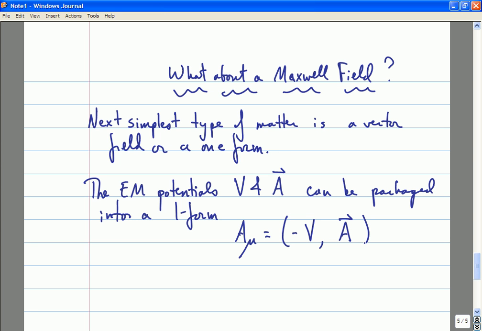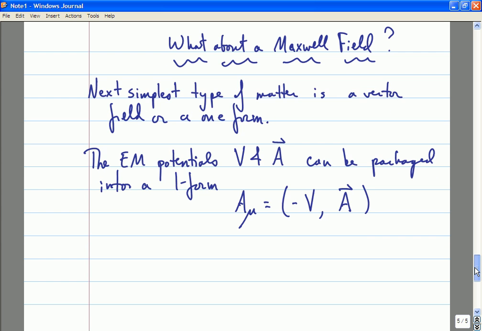So you probably, in your electromagnetism classes, saw that under Lorentz transformations, the vector potential and the scalar potential got all mixed up. They got all mixed up in exactly the way that the components of a one form will mix together under coordinate transformations. So this is often called the one form or the vector potential of electromagnetism.